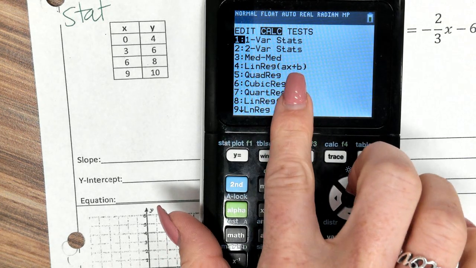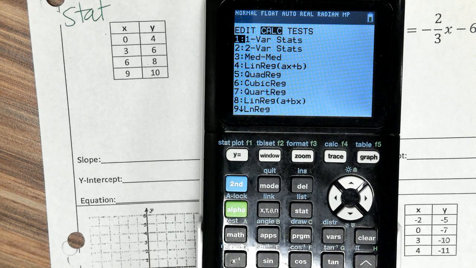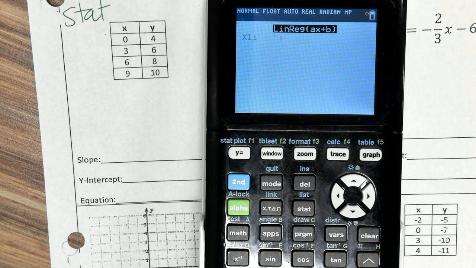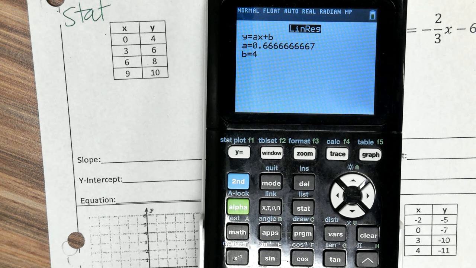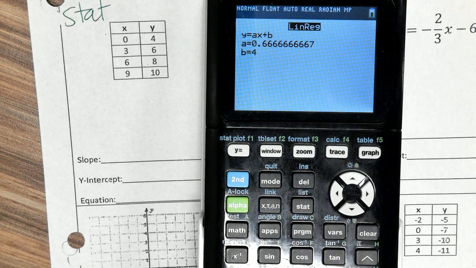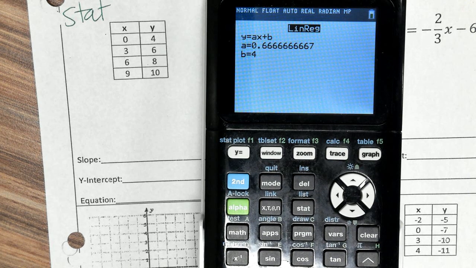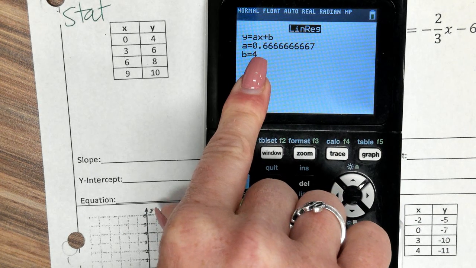It's linear. And if you look at it, it's mx plus b, but for some reason the calculator calls it ax plus b. So option 4, and then just hit enter and it will give you the answers. Y'all got it? The slope is the A. The y-intercept is the B.